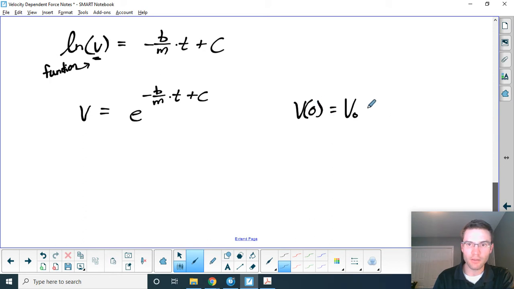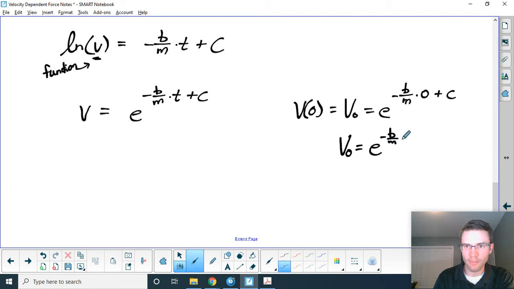So v0 is equal to e raised to the negative b over m times t, and t is 0, plus c. Well, that's going to be v0 is equal to e to the negative b over m times 0, times e to the c.